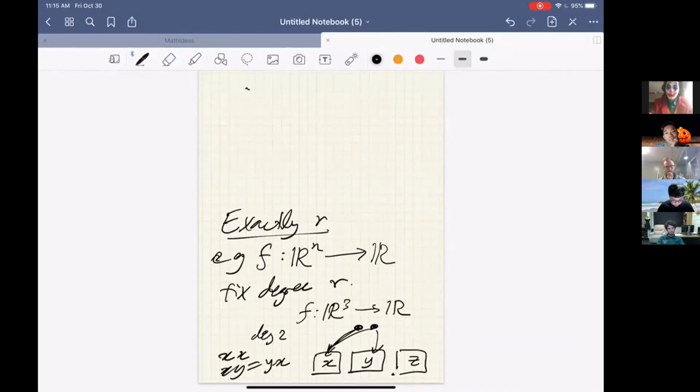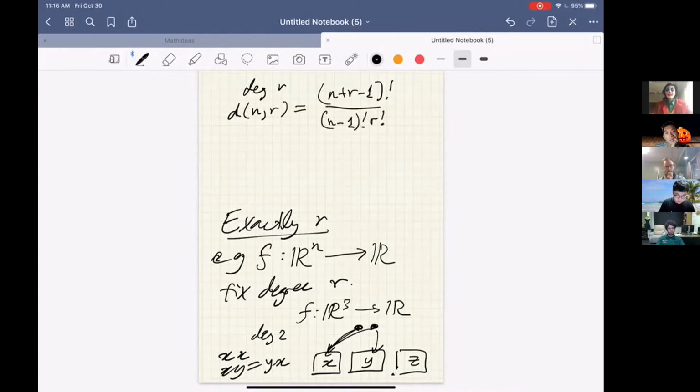In degree R, the number of derivatives is, let's say D and R, is, oh boy, n plus R minus 1, choose n minus 1. Okay, so it's quite annoying.